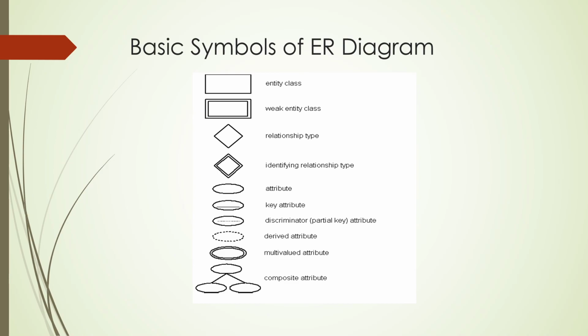Right. Next is the relationship type. This defines the relationship between two entities. The next one is a rhombus inside another rhombus. This is called the identifying relationship type.